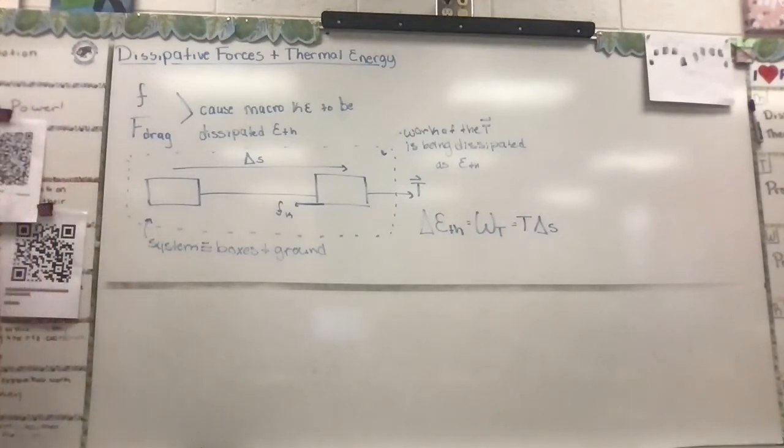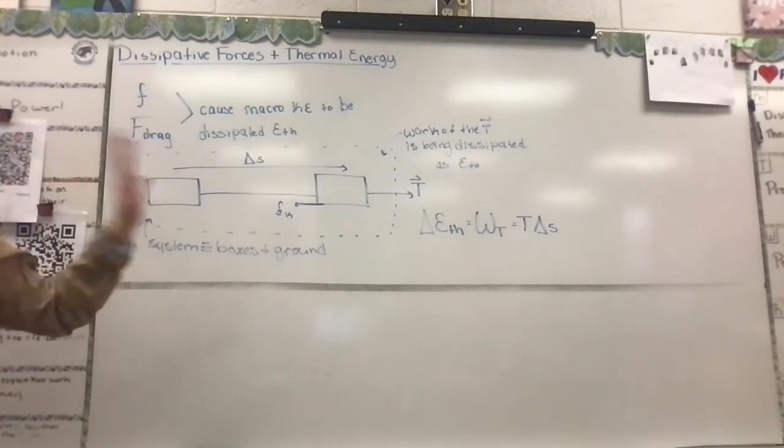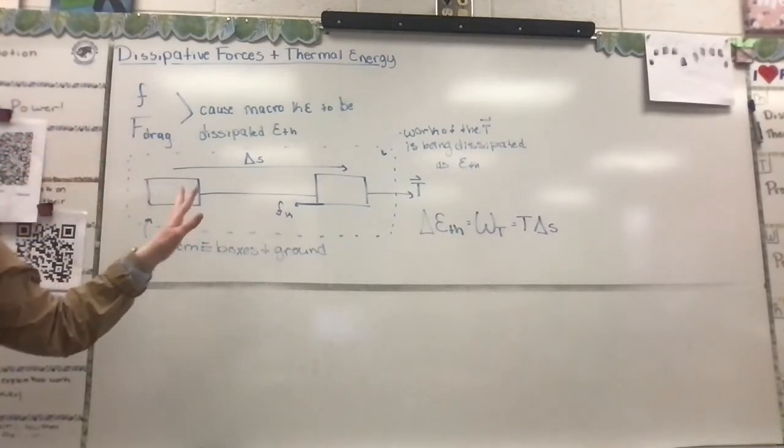Okay. Now, if we have something like this, we're usually going to assume that possibly the box is at constant velocity. And if the box is at constant velocity, is there any net force? We're just talking hypothetically here. I'm telling you that this system is not changing its velocity at all.